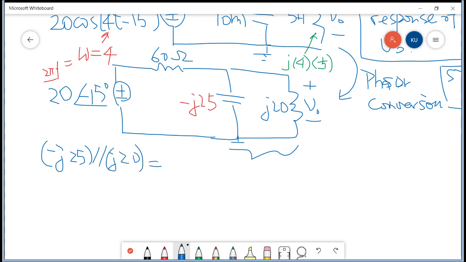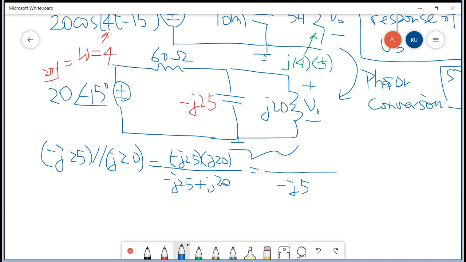It would be minus j25 times j20 over minus j25 plus j20. So in the denominator minus j5, and in the numerator j squared is minus 1, and then we have another minus sign, so it is positive. And then 25 times 20 will be 500.